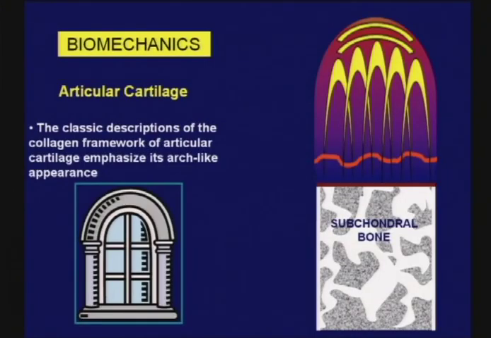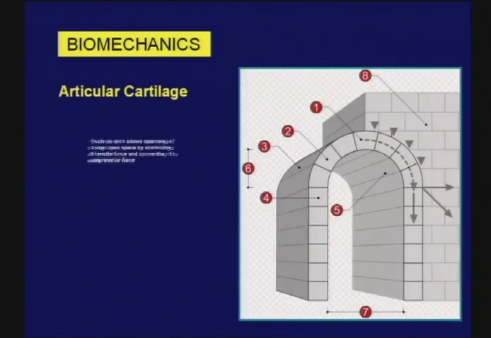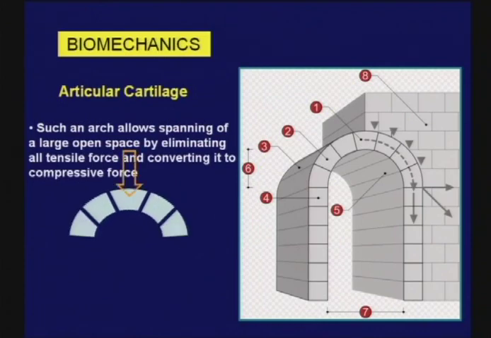Now, the classic description, returning to the collagen, is like this. It is a description of collagen framework that looks much like a Roman arch. And I mentioned this the other day, that this is the analogy that is constantly noted in the literature. So that is why I read about these arches. Now, what does a Roman arch do? Well, as a compressive force is placed on the top of an arch, it is transferred into a tensile force, trying to split these bricks apart.